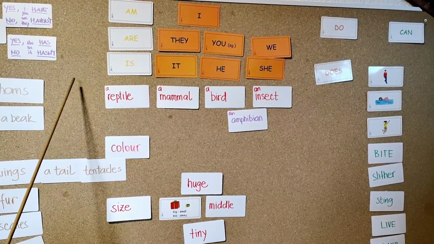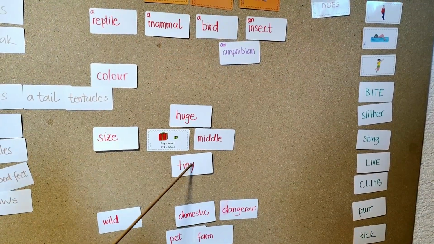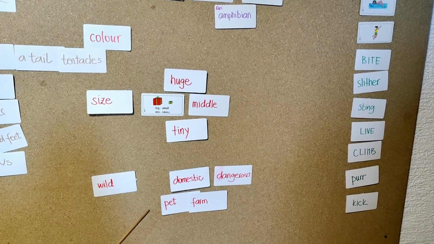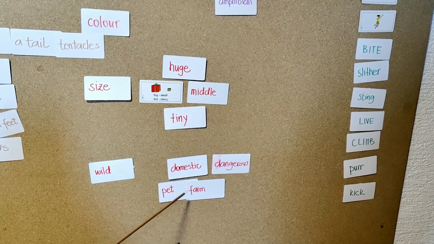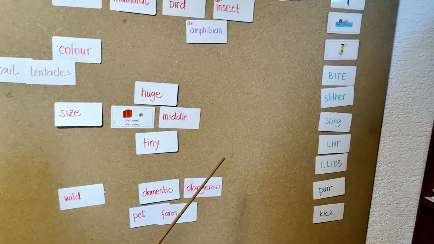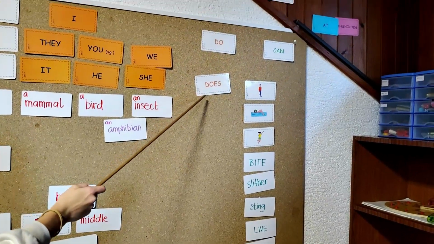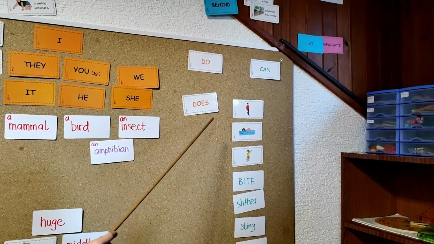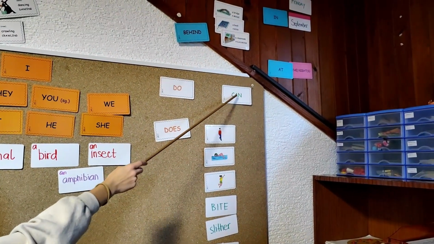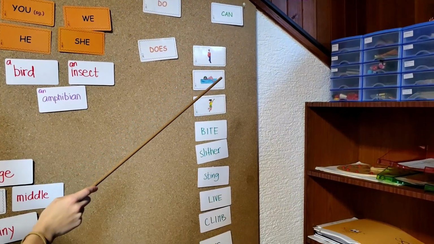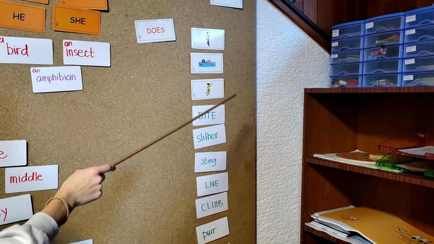My animal is tiny and it's a pet. And my animal can bite and walk. It's a fun English game, no matter which version you use, isn't it?